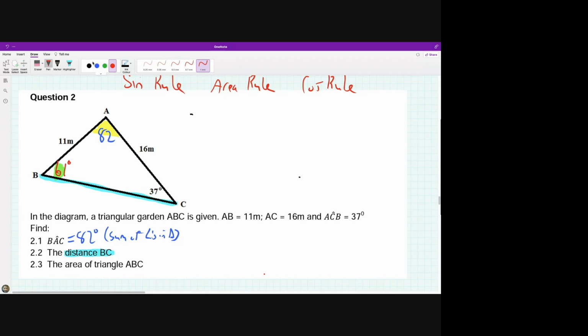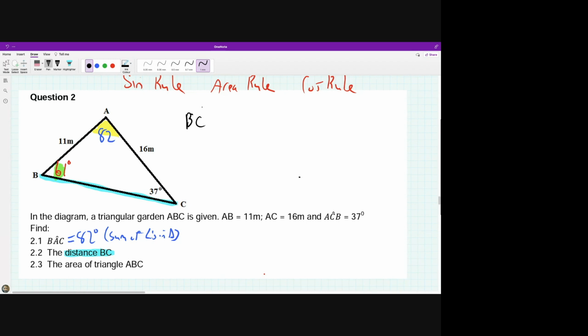Well, you can't use Pythagoras because you don't have a right angle triangle. There's actually two things you could use. You could use the sine rule or the cos rule. But because tonight's lesson is on the cos rule, I'm going to do the cos rule.